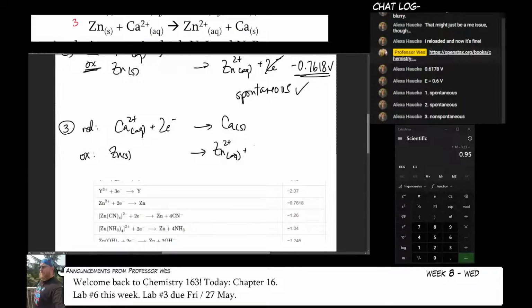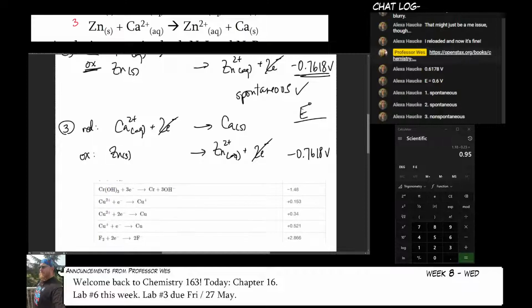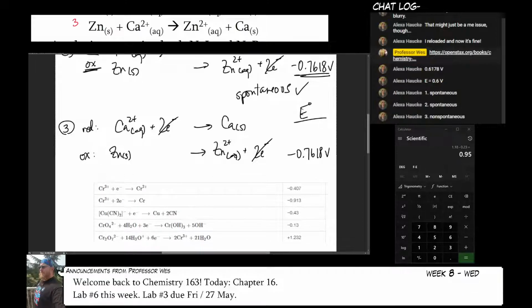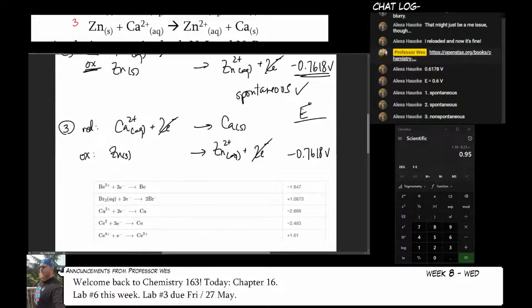We already know this one, because that's from the previous reaction. I don't even want to know what calcium's is. It's going to be a ginormous number. Well, negative number, actually. Calcium. There it is. Negative 2.868. Yeah, that's not going to happen. So, more negative needs to be at the anode. Oh, no. Non-spontaneous.